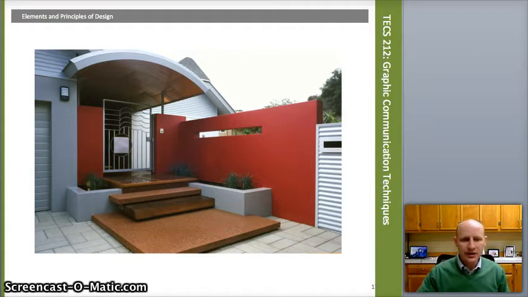Lines, when we think about the lines, there really are a lot of lines in this structure. We have horizontal lines from the garage door to the siding. We have some variety of lines going on in the gate. We have a nice big curved line up here, and some diagonal lines going with the roof.